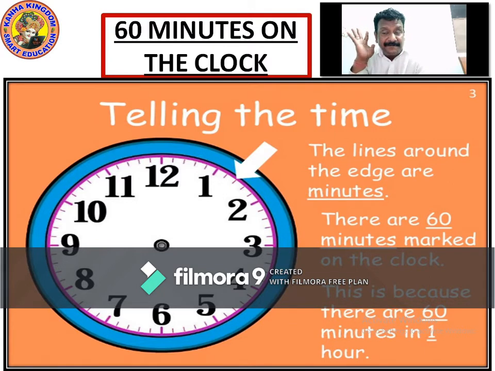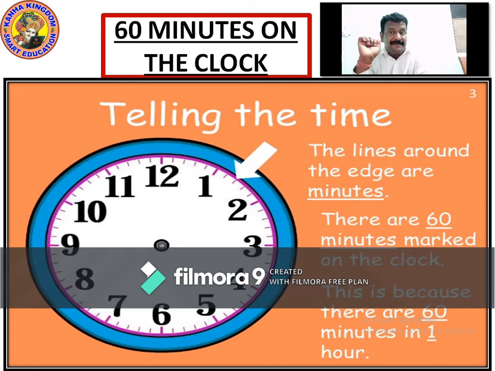So when you calculate 5 minutes between the gap of 12 to 1, 1 to 2, 2 to 3, 3 to 4, 4 to 5, 5 to 6, 6 to 7, 7 to 8, 8 to 9, 9 to 10, 10 to 11, 11 to 12, 12 to 1, it's totally 12 into 5. That is 60 minutes. In every gap, there are 5 minutes.